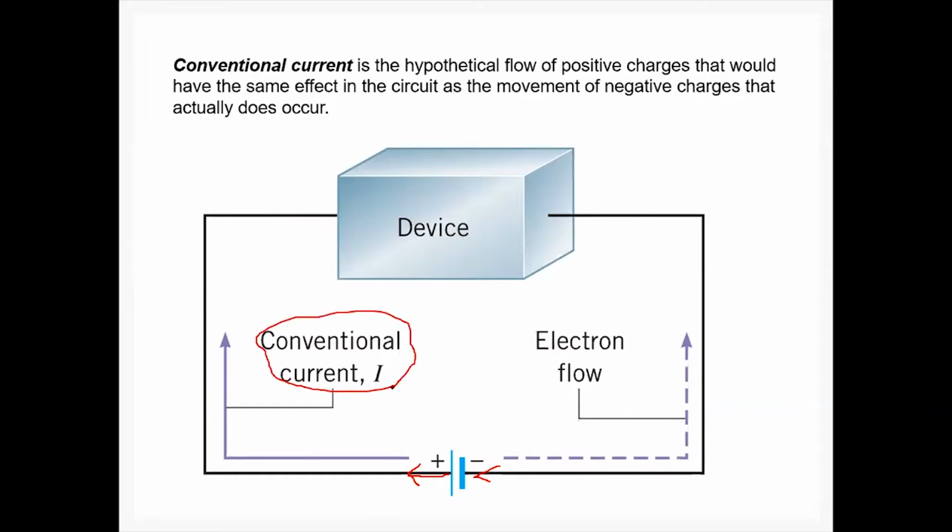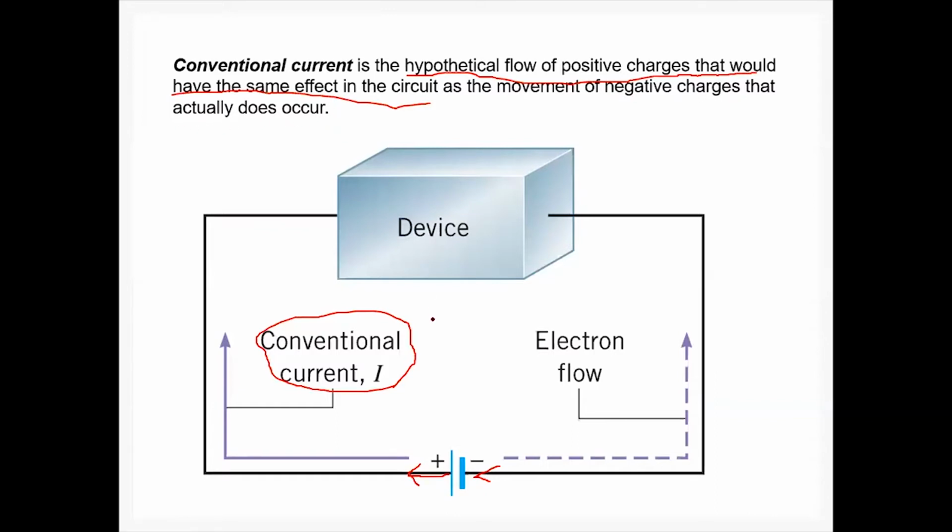What is conventional current? It is a hypothetical flow of positive charge that would have the same effect in the circuit as the movement of negative charge that actually does occur.